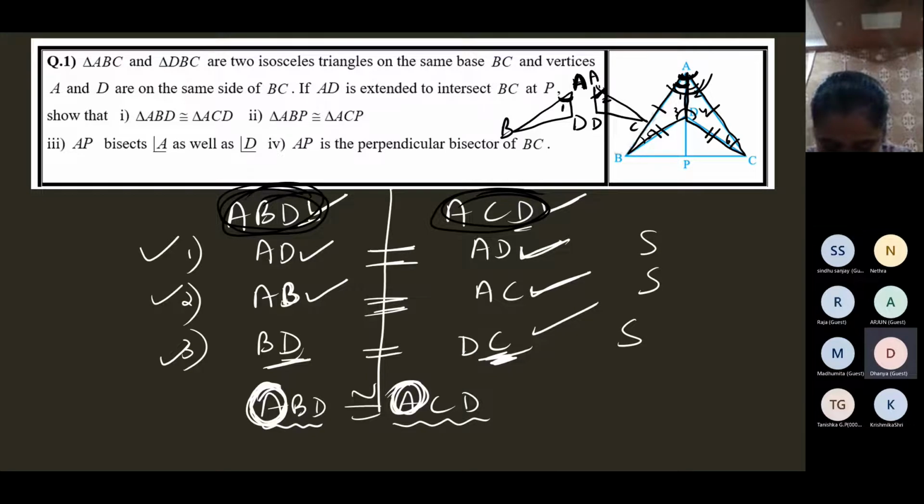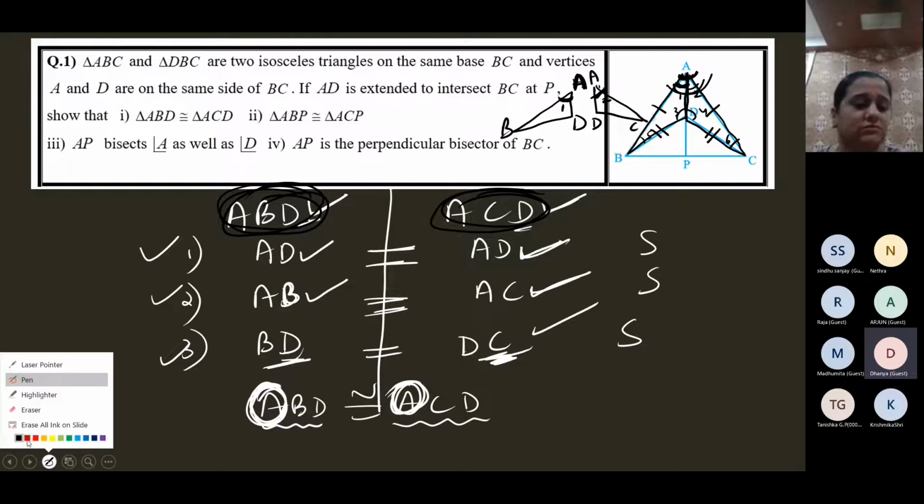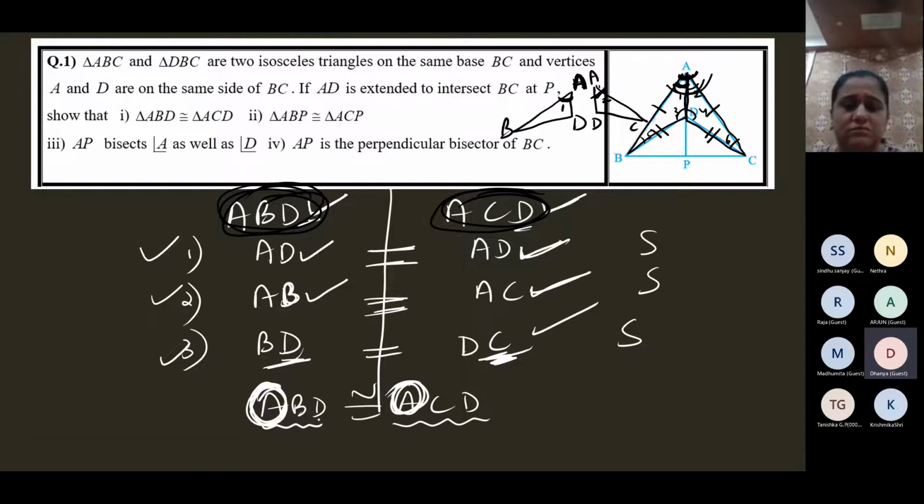Ma'am, it's actually based on the name. Here the second letter is B. So angle 5, the angle B, is equal to angle 6. Yeah, that is angle B of the first triangle is equal to angle C of the second triangle, correct?